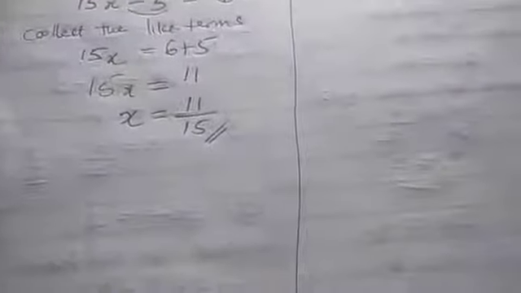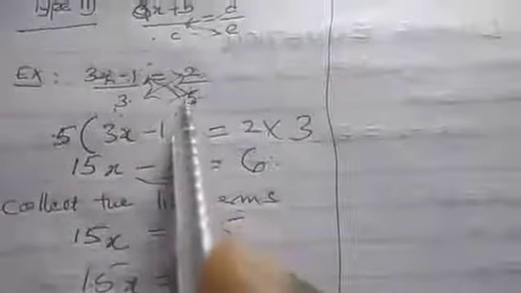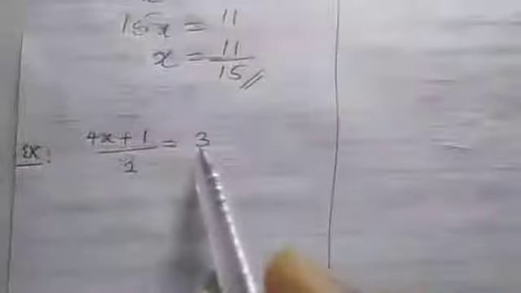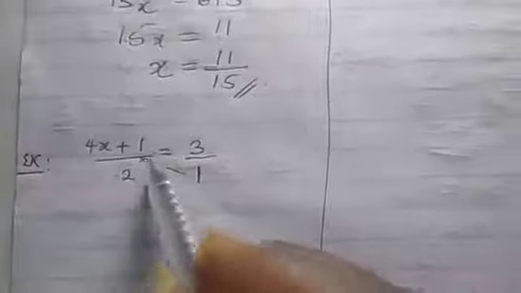Let's consider another example. We have another important example here. You observe that it's just like this. But in the previous example, there was a number under these two. In this case now, there's no number under this. When there's no number under that, it simply means over 1. That is simply what it means. So it's still the same thing. I'll cross multiply.